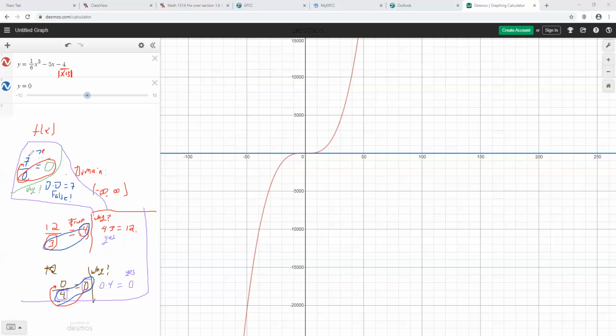And if this is correct, we're supposed to get 7. So this didn't work, did it? No. That means 0 is what then? Correct or incorrect? Incorrect. So 7 divided by 0 is not 0. Is that okay? Yes, sir.